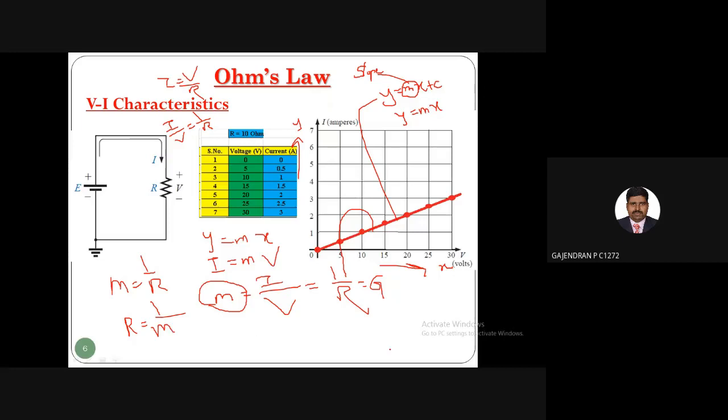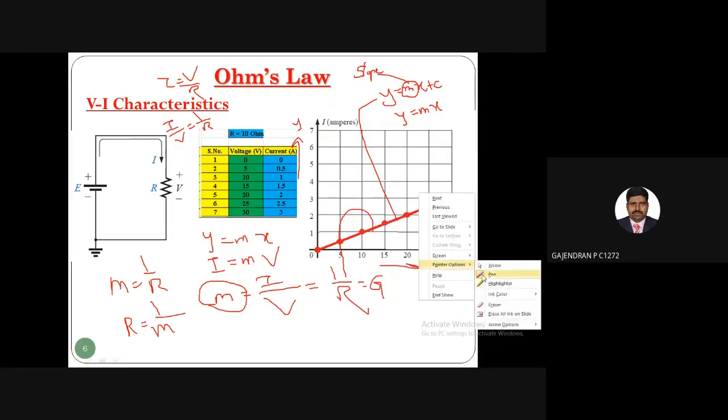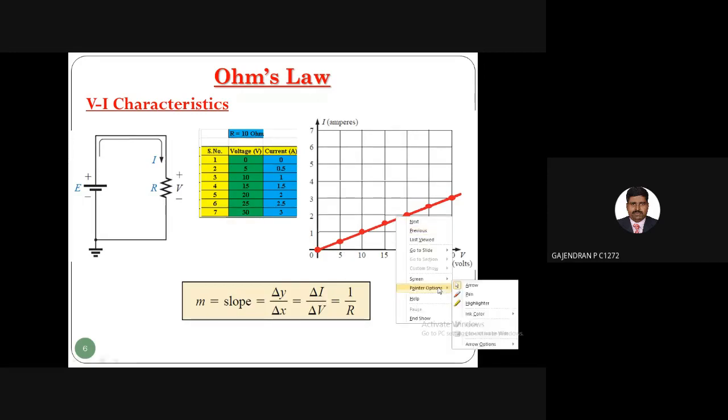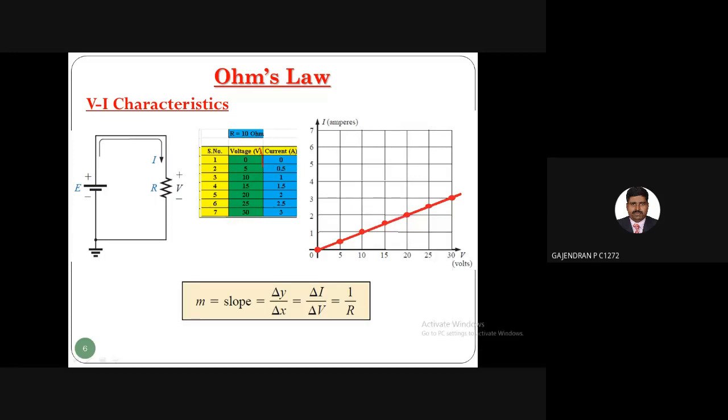With this we will conclude this session. Take down this formula. Next class we will discuss what is this del y, del I, how to mark this, and we will finish. One more thing is available. Whoever has drawn the Ohm's law diagram in Tinkercad software, give these inputs and get the current value.